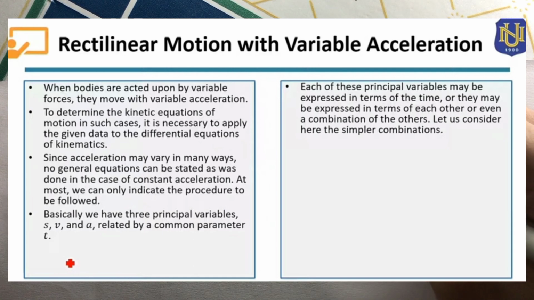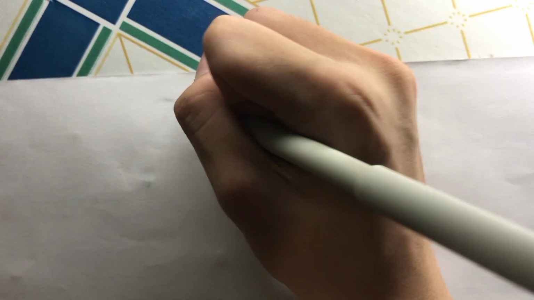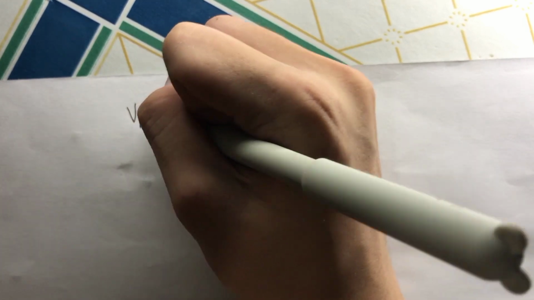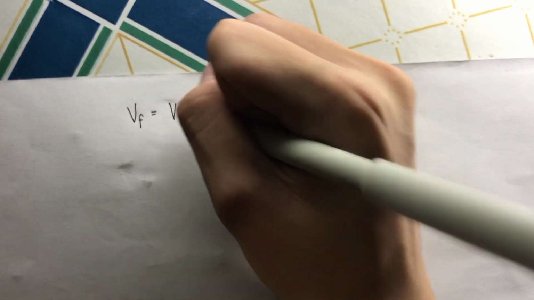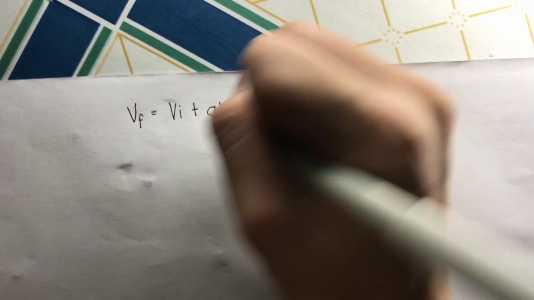As we go back to constant acceleration, we have three formulas. V final equals V initial plus acceleration times time.